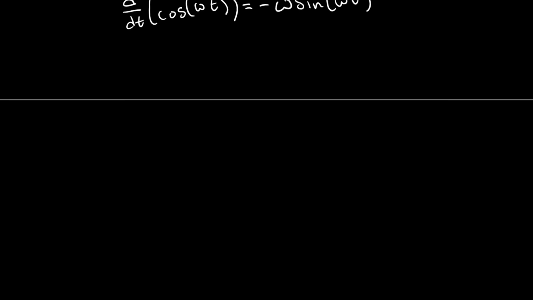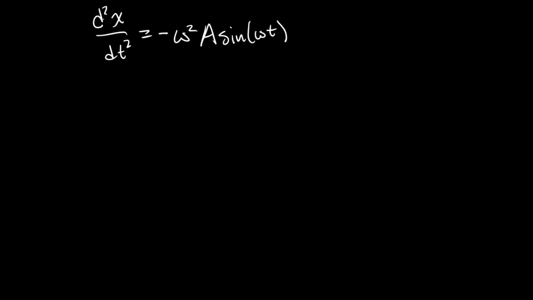Okay, so now I need to take two derivatives, sine and cosine, and when I take d²x/dt², I get something like minus omega squared a sine omega t minus omega squared b cosine omega t.